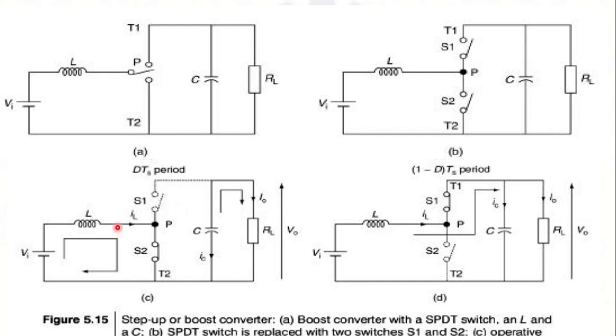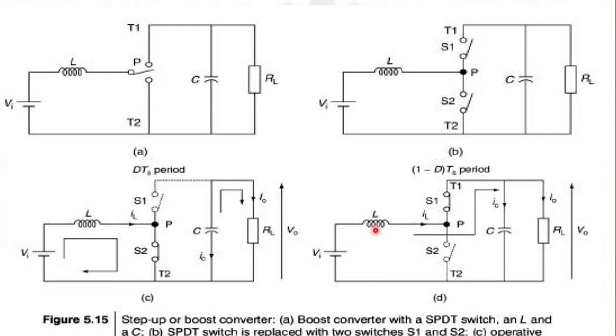During the D into Ts period, the voltage across the inductor will be Vi minus 0, because this terminal is negative or ground. Then the current IL changes at Vi by L. During the 1 minus D into Ts period, the voltage across the inductor is Vi minus Vo, because the pole is connected to the output terminal.